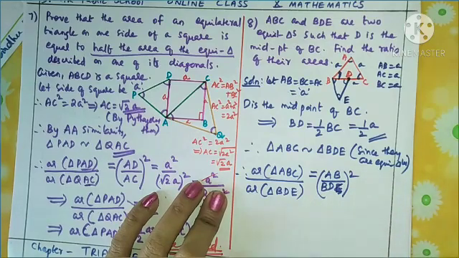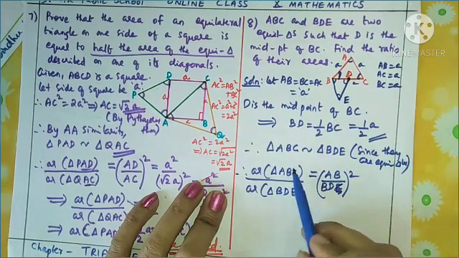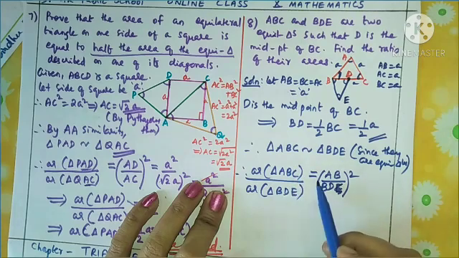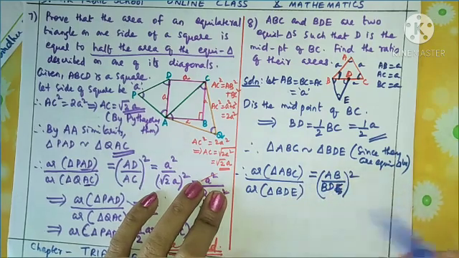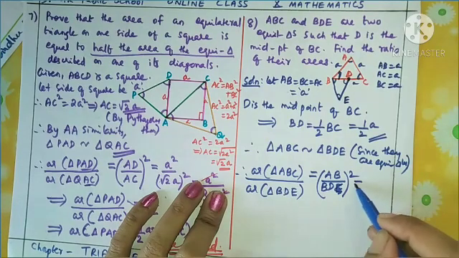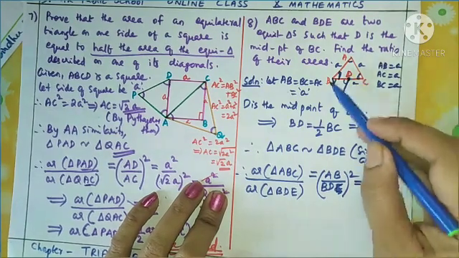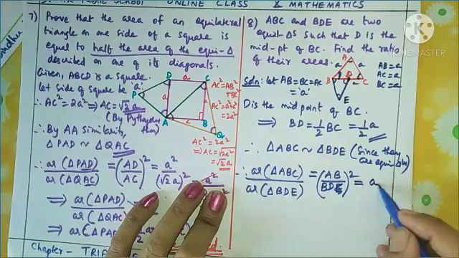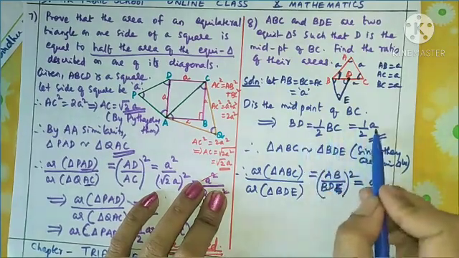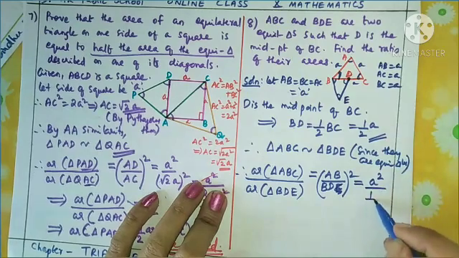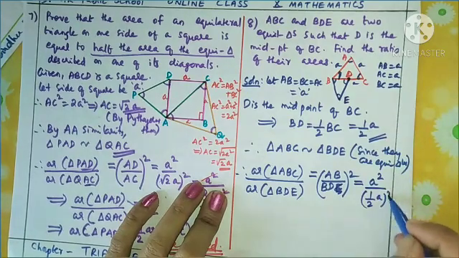Yes, the ratio of the areas is equal to the square of the ratio of the corresponding sides. We are taking just one ratio, that is enough to find the area. AB means the side of the triangle, so that is A square by BD, and BD we have taken as half A, so half A the whole square.